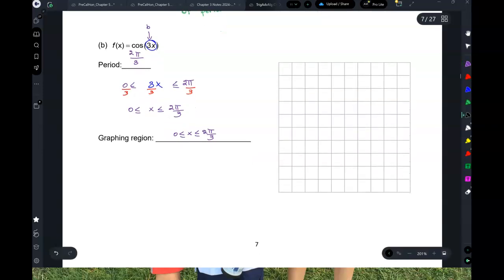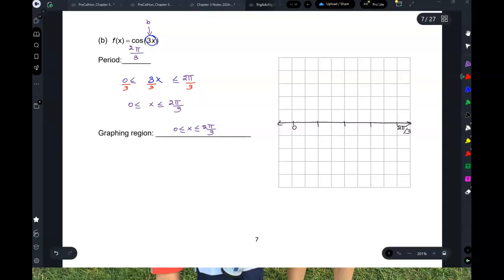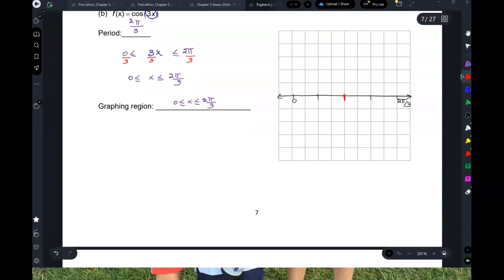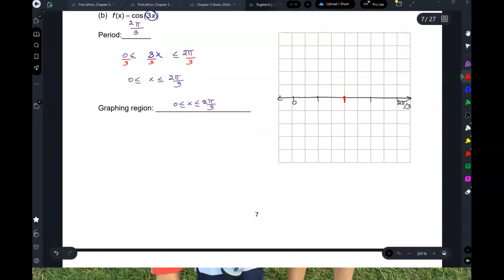Okay, so here we go. Okay, 0, 1, 2, 3, 4. That's going to be 2 pi over 3. Okay, now, until now it's been really easy to get these midpoints, but let me show you how to do it if it's not immediately obvious to you. So look at this. This red one is halfway between 0 and 2 pi over 3.